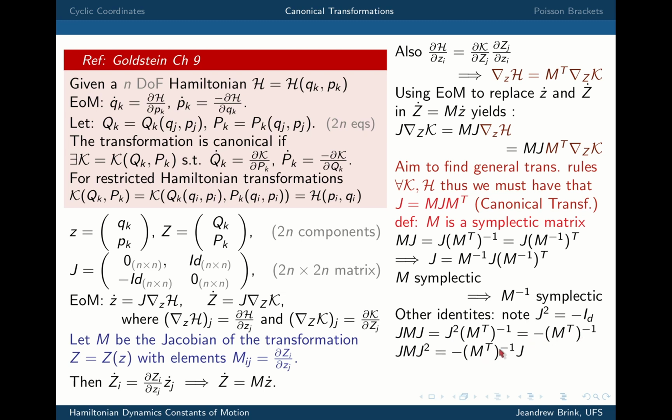And you can then multiply on the right-hand side by J, so there and there. So this is again minus 1. What you're then left with is J M equals M transpose inverse times J. And you simply have that M transpose J M is equal to J, which is this expression except that the transpose has moved.